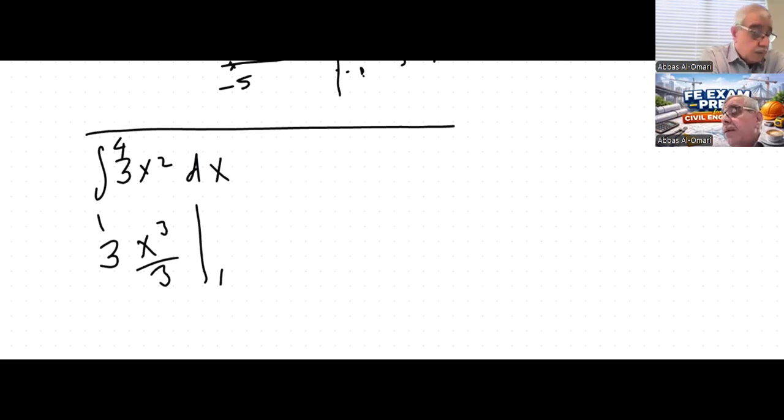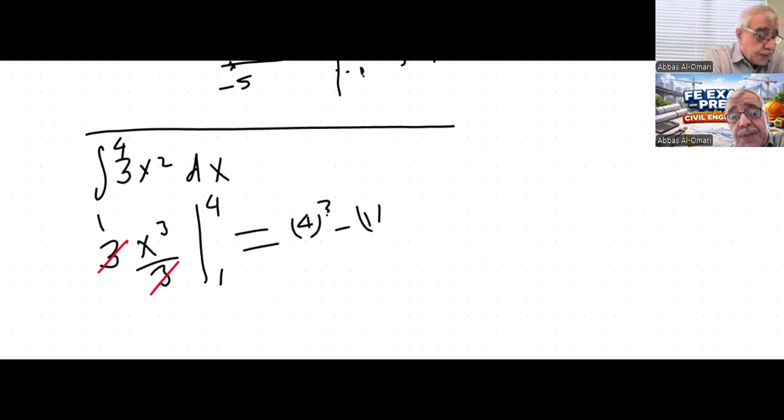That's all. So we substitute. Now the 3 cancels with the 3. So we have 4 cubed minus 1 cubed.